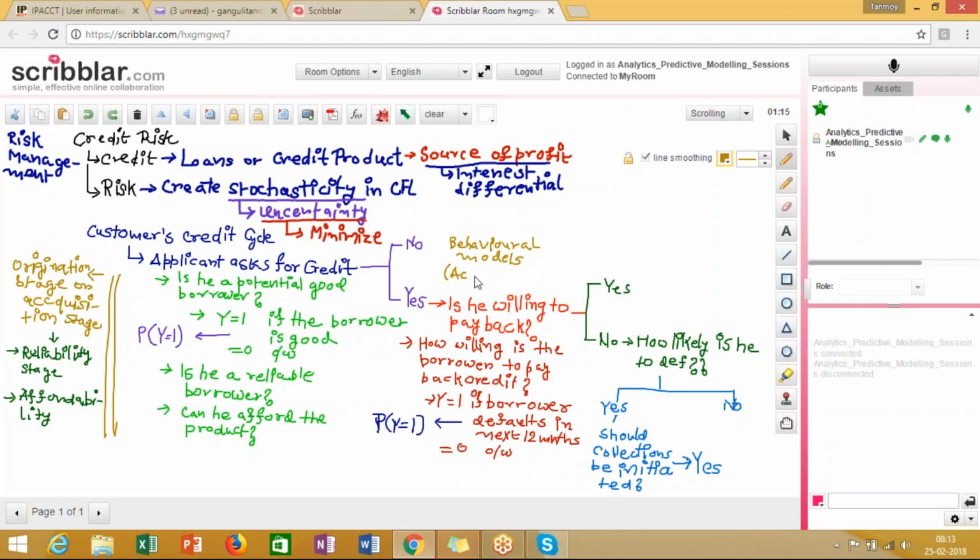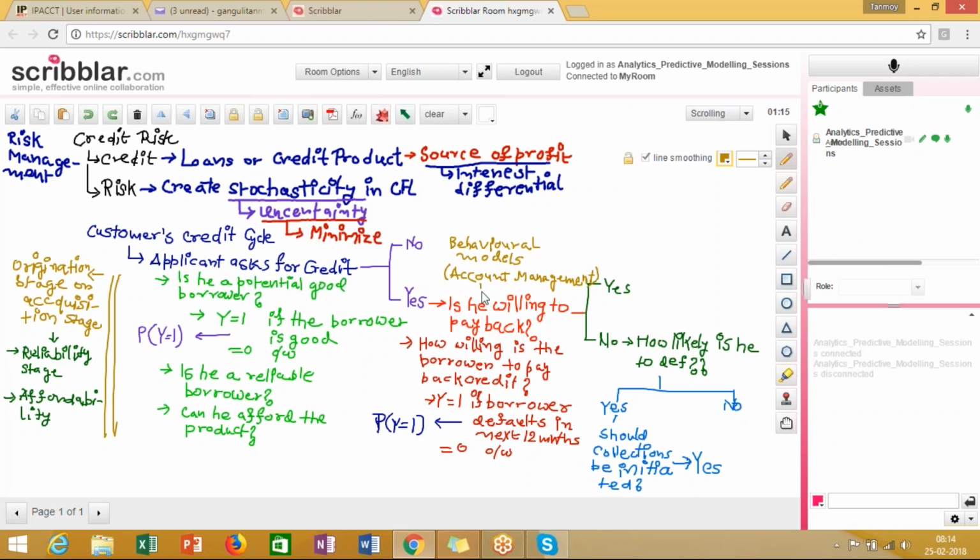Say for example, I want to give a credit limit increase to a credit card holder, right? Now before doing that, I need to understand how good a borrower he is, how willing he is to pay back my loan. So the greater the willingness of the borrower to pay back the loan, the lower will be the probability of default.